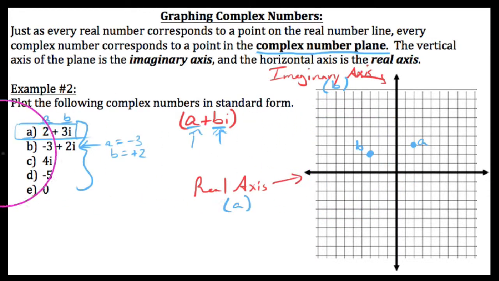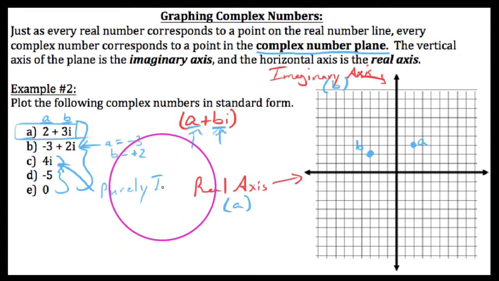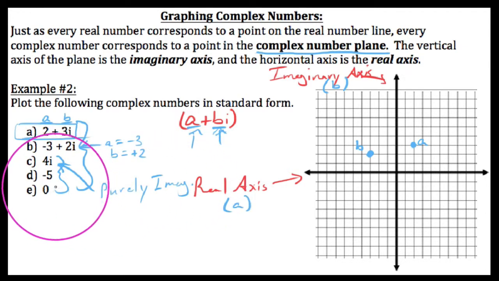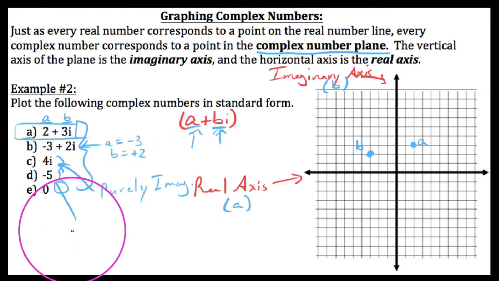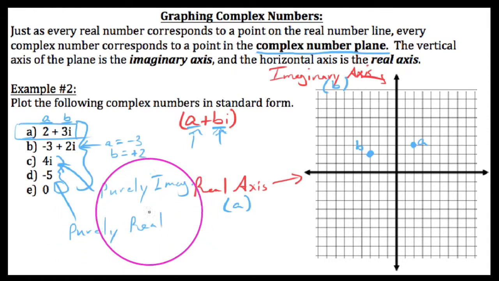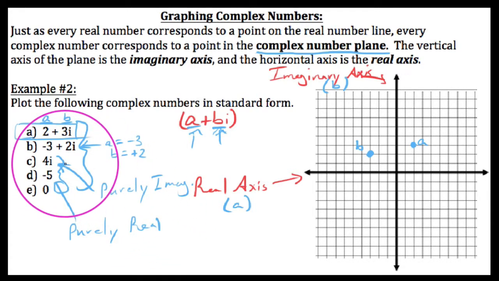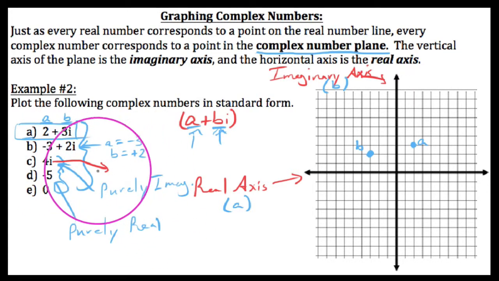Okay. So you'll notice on the next 3 examples here, we're dealing with something that is purely imaginary, and something on letter D here that is purely real. How does one graph a purely imaginary number? What I would implore us to do is rewrite the number as a complex number in standard form.